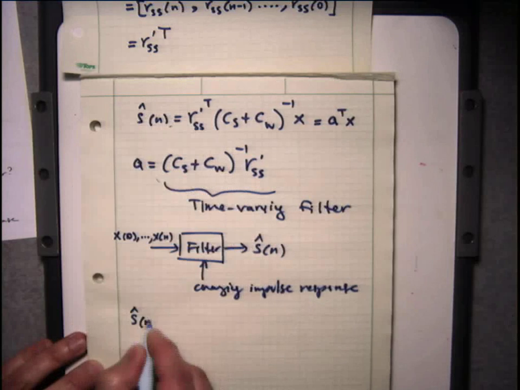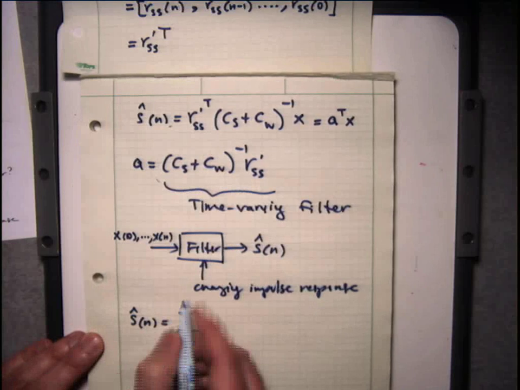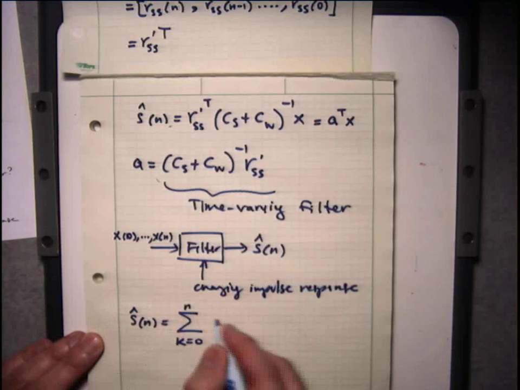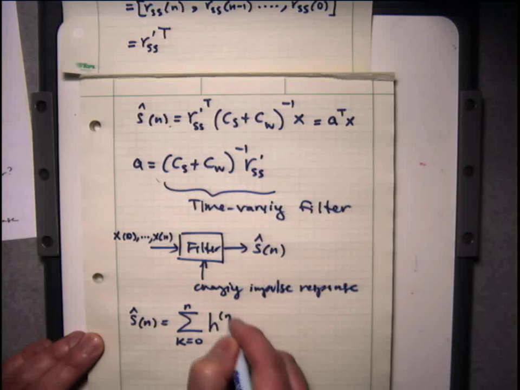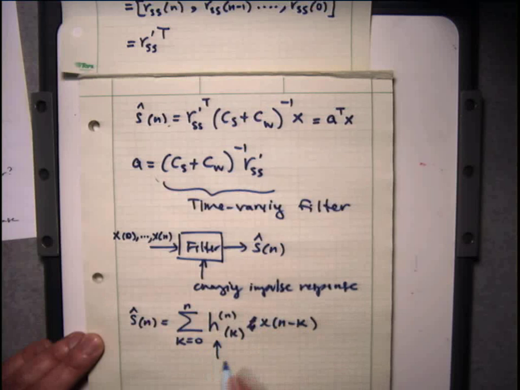I write S hat of n is the sum k equals 0 to n of h_n(k) times x of n minus k. And this h is what I'm going to call the impulse response.